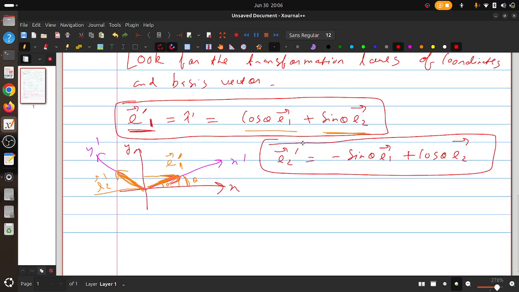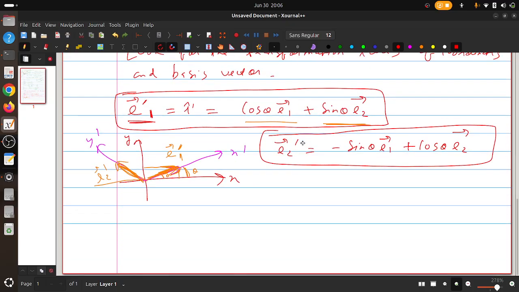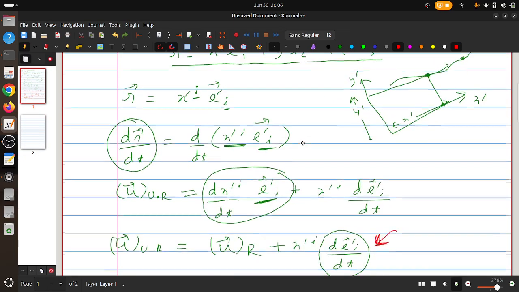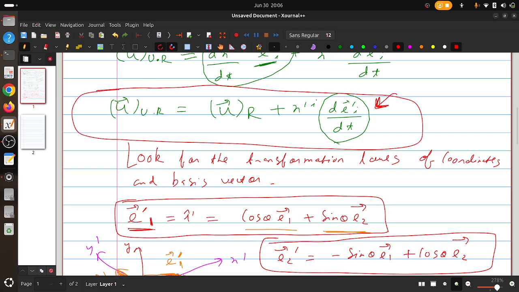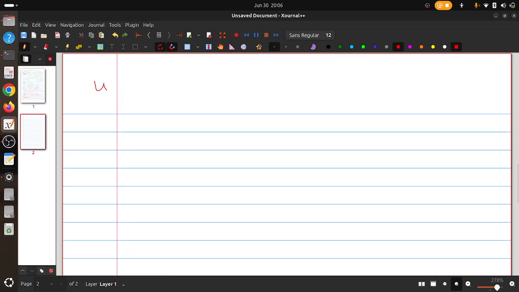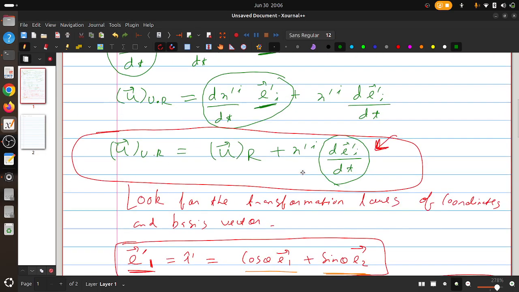Now let me switch to the green, because this was just a diversion to continue our original derivation. So this equation we have to use here. We will continue from this equation. So u in the unrotating frame is equal to u in the rotating frame plus some quantity which is a sum over i.